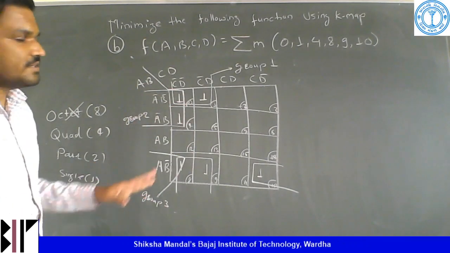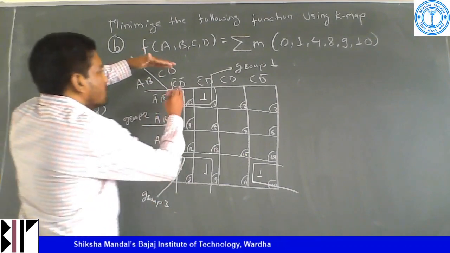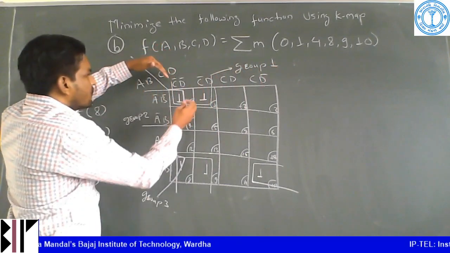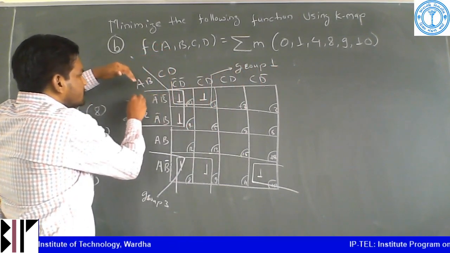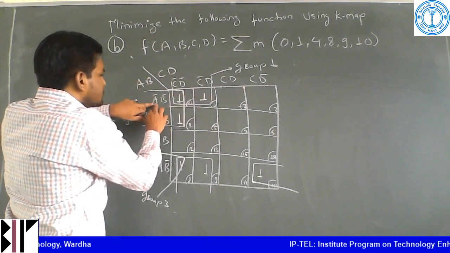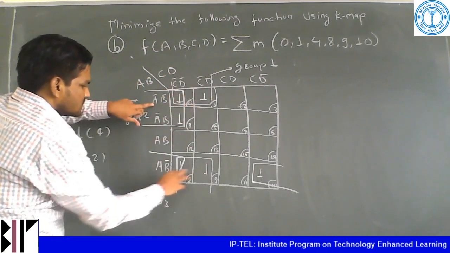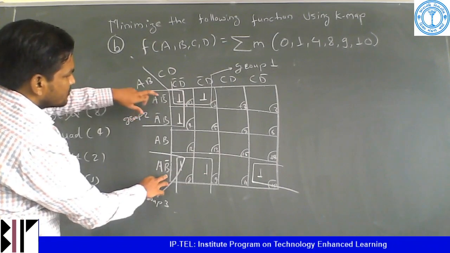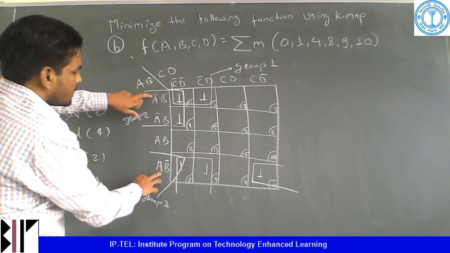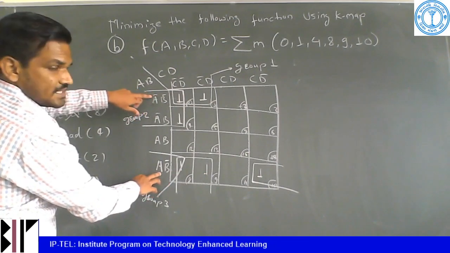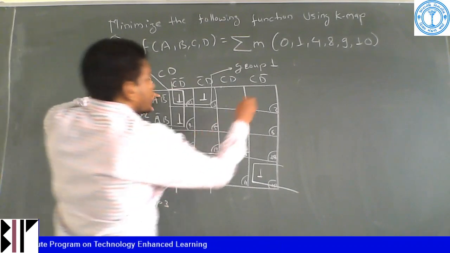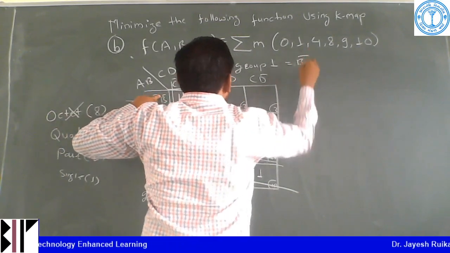So how to write? Let us go for group 1. From group 1, when we look from the left side, these 2 ones are A bar B bar, and these 2 ones are A B bar. So B bar, B bar are common, A bar and A are state changing, so we keep B bar as it is.